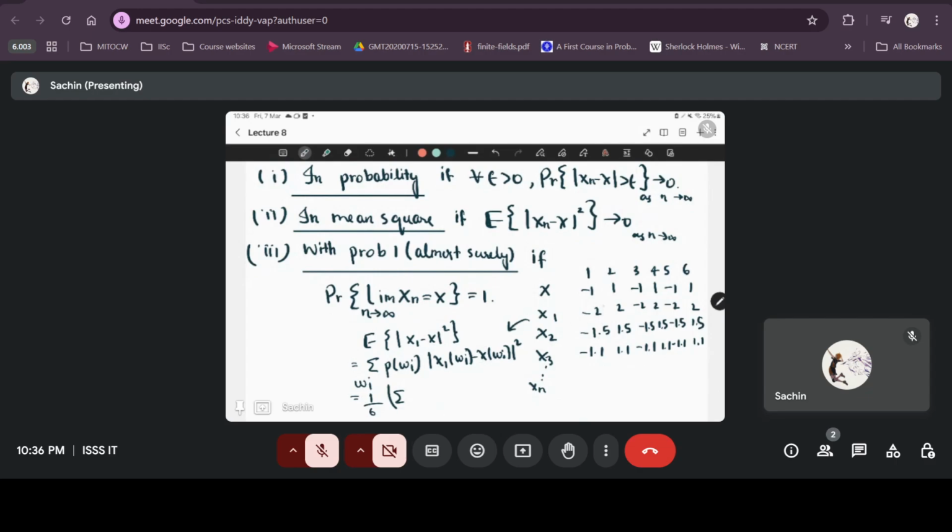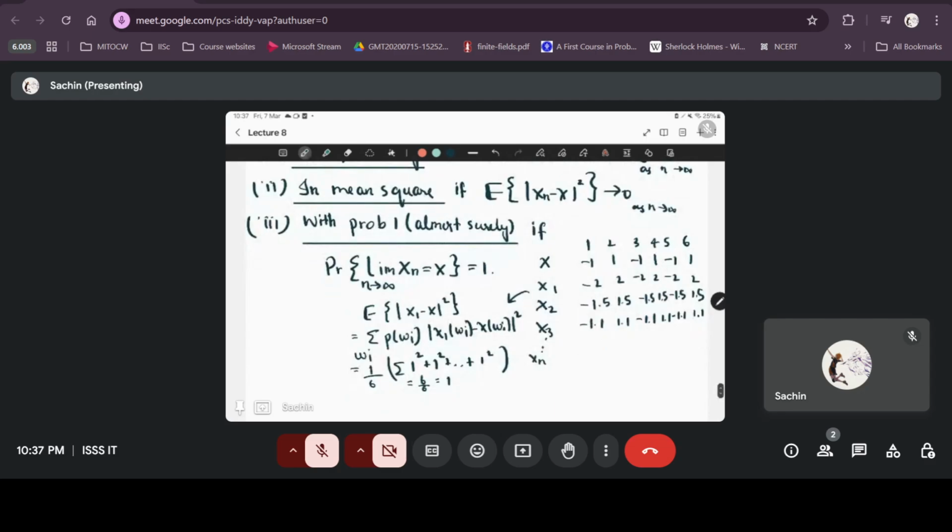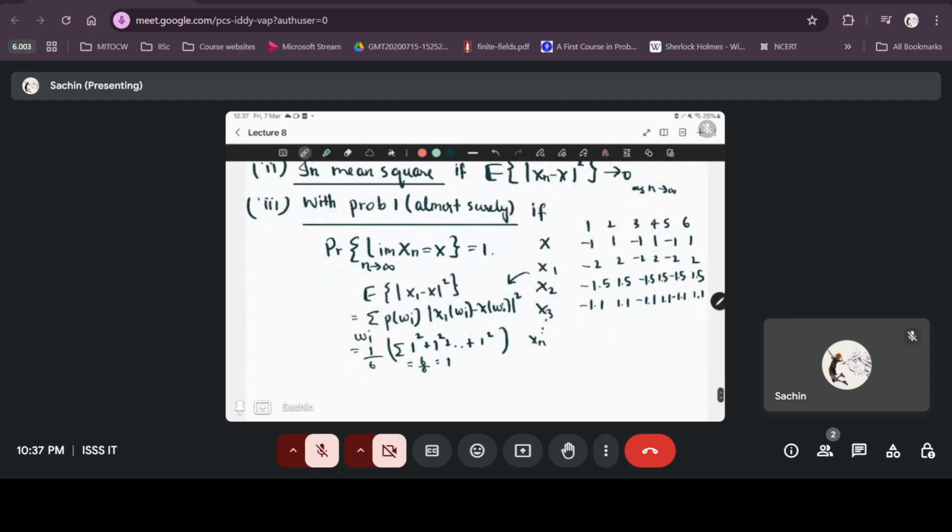For the outcome 1, the difference is minus 2 minus minus 1, which is minus 1. Magnitude is 1, 1 squared. So it's 1 squared plus 1 squared for 6 outcomes. So it's 6 over 6, 1. So that's the expected value of the mean squared error.